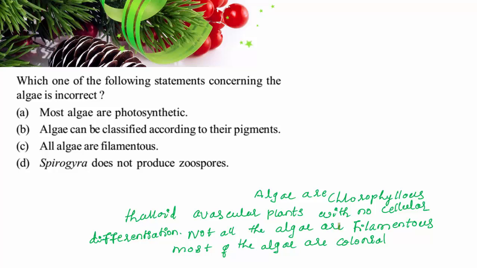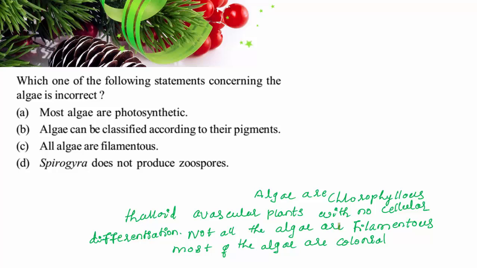Most algae are photosynthetic. Algae are the group of plants having chlorophyll and different pigments. All of them show photosynthesis; all of them are autotrophic. And algae can be classified according to their pigments. Depending on the pigment in the cell, algae are classified as green algae, brown algae, red algae, golden brown algae. Like that the classification is made.